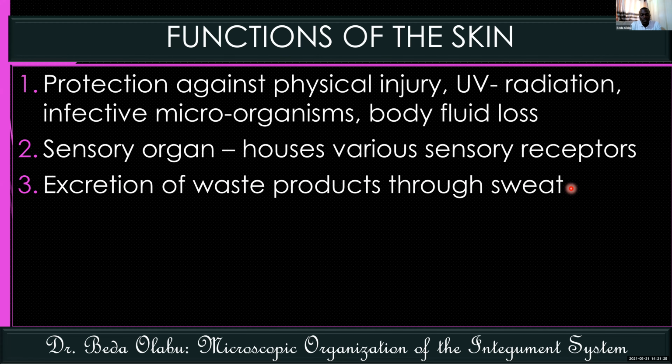The sweat glands will be releasing a lot of urea through sweat because now the urea cannot exit through urine. And so in patients with chronic renal failure, we see a lot of excretion of urea through sweat to the level that this urea can actually form crystals on the skin, what is very pathognomonic of a patient with chronic renal failure, what we call uremic frost.